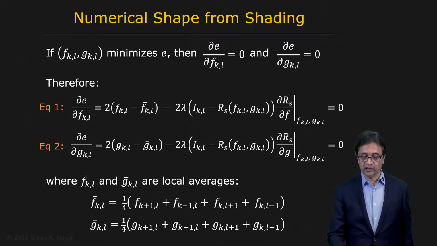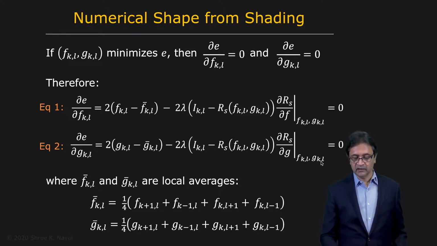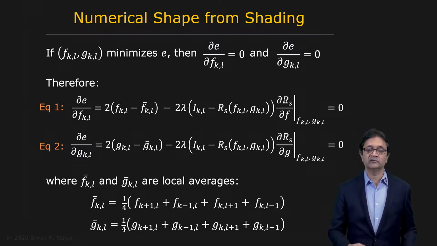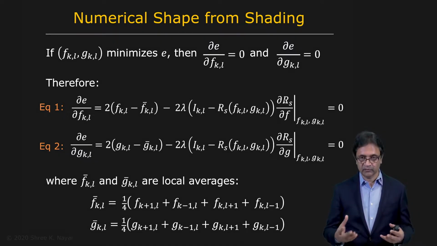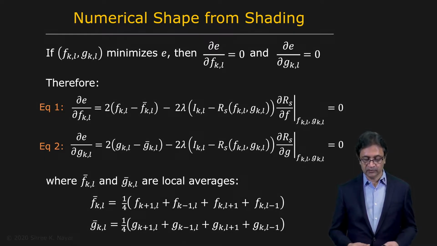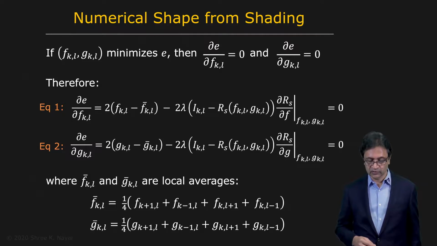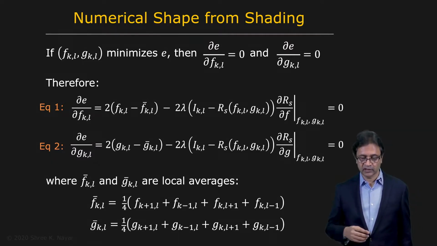And then you also end up with the derivative of the reflectance map with respect to F, computed at FKL, GKL, and the derivative with respect to G, computed at FKL, GKL. So you can see that the FKL and GKL do appear here, but they're embedded within the reflectance map as well as the derivative of the reflectance map, and that's what makes this a challenging problem. There's no single shot closed form solution to finding FKL and GKL.